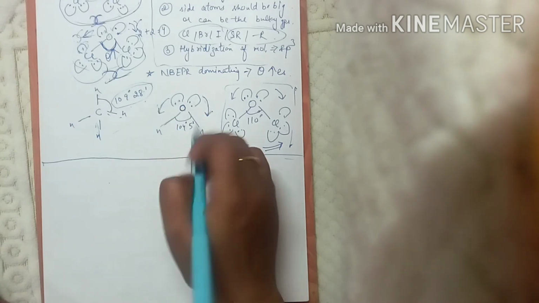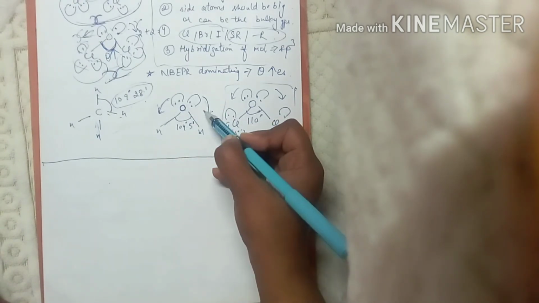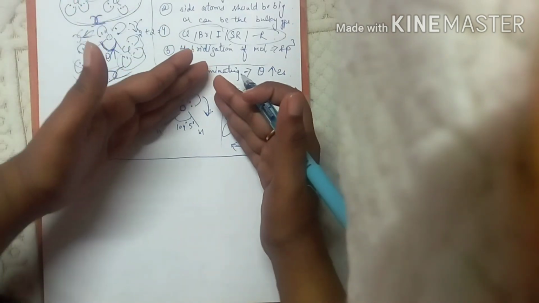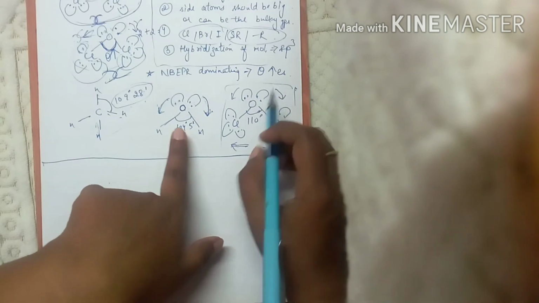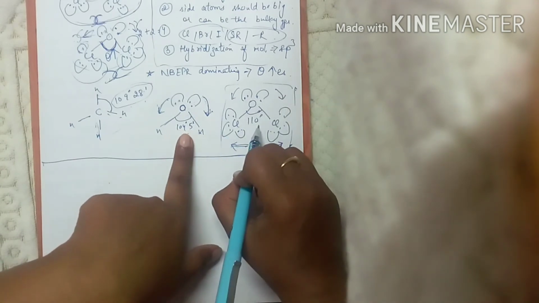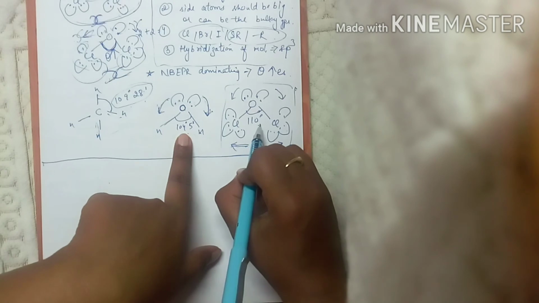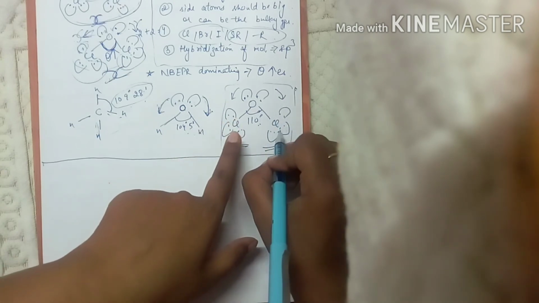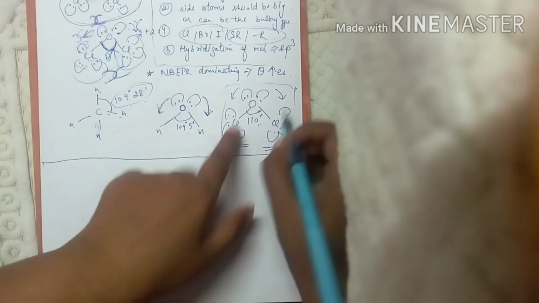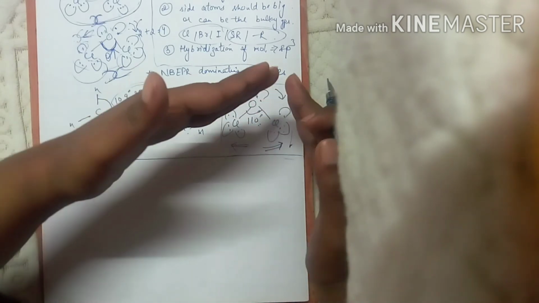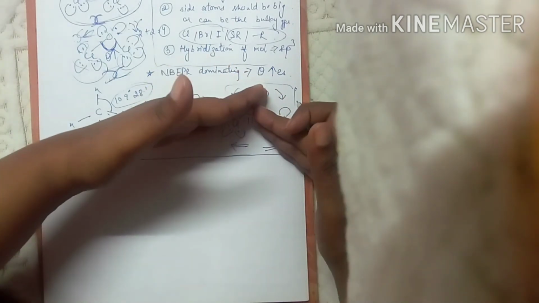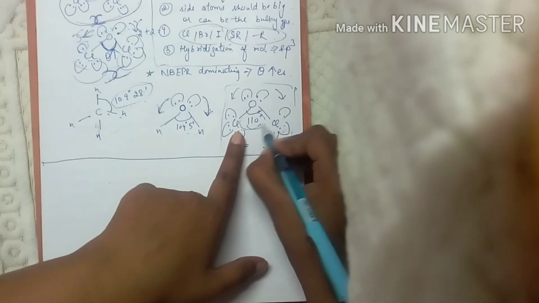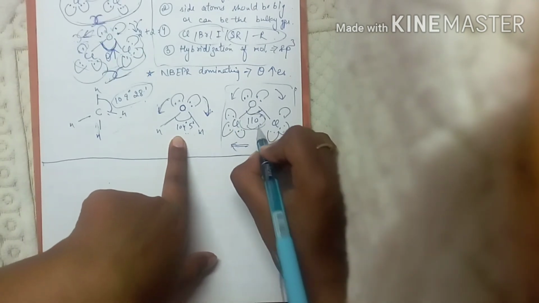In the case of water, there were valence shell electron pair repulsions, due to which the angle went down from 109 degrees to 104 degrees, and OCl2 was similar to OH2, so it should have an angle of approximately 104 degrees, but because here NBPER was dominating, the angle went up to 110 degrees. Because these repulsions were dominating, Cl went outwards and the angle went from 104 to 110 degrees.